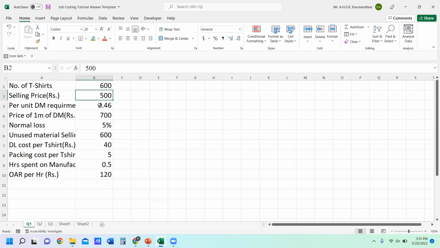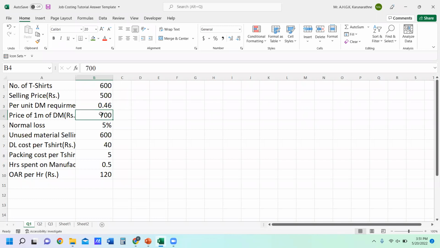Then the per unit material requirement, for one t-shirt, is 0.46 meters. Very small, could be for a particular t-shirt, right? Not suitable for us. Anyway, the material requirement is 0.46 meters.